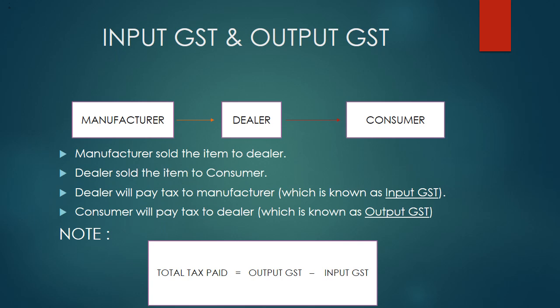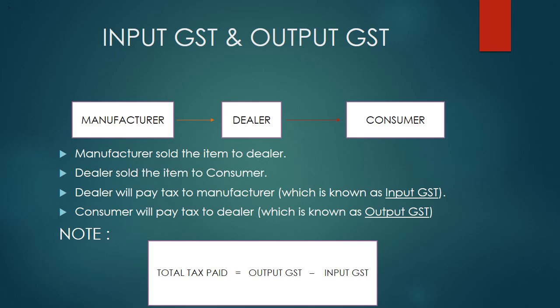If in any transaction more than one person is involved, then there will be two GST: one is input GST, other is output GST. For example, a manufacturer sold an item to a dealer and then the dealer sold that item to the consumer.